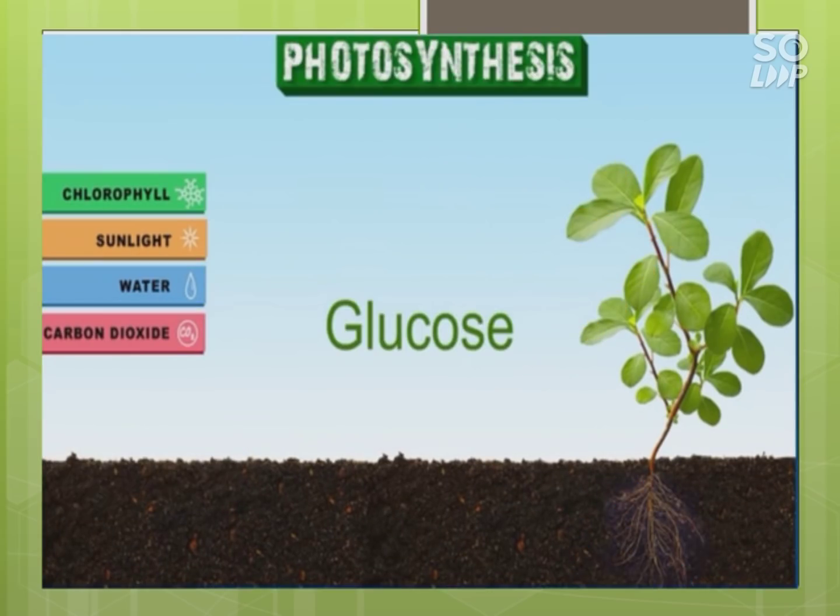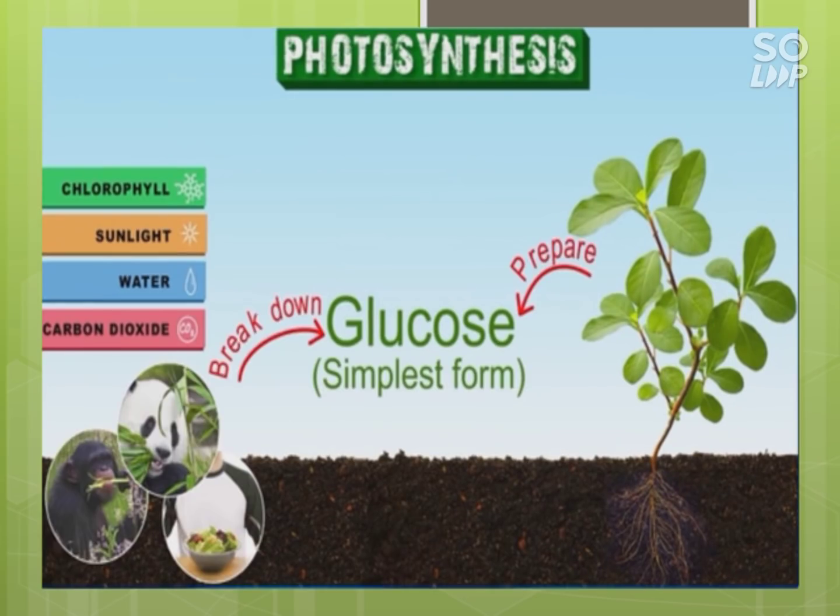The food which is made by leaves is nothing but a carbohydrate, and the form is known as glucose. A point to note here is that plants prepare food in the simplest form, which is glucose, and animals break down whatever food they eat into the simplest form, that is also glucose.